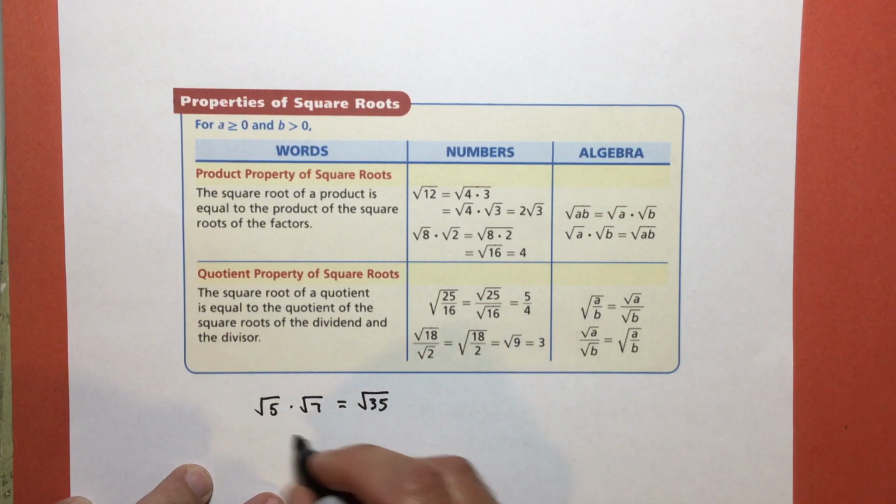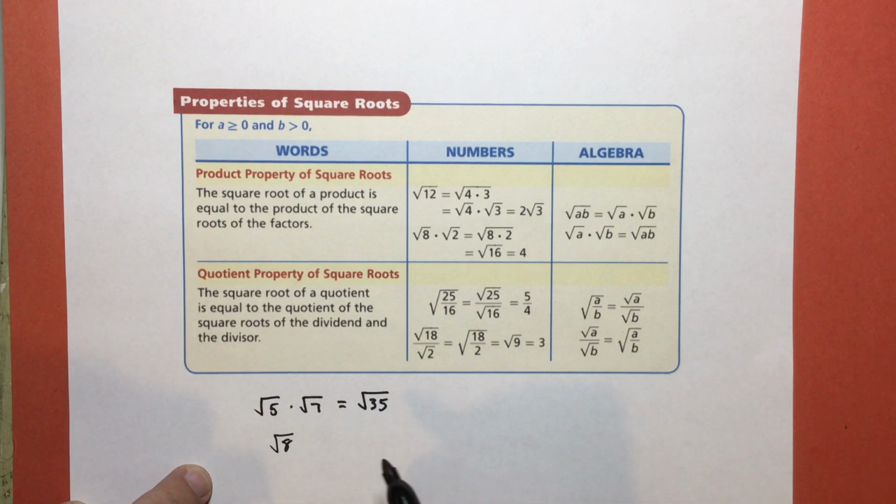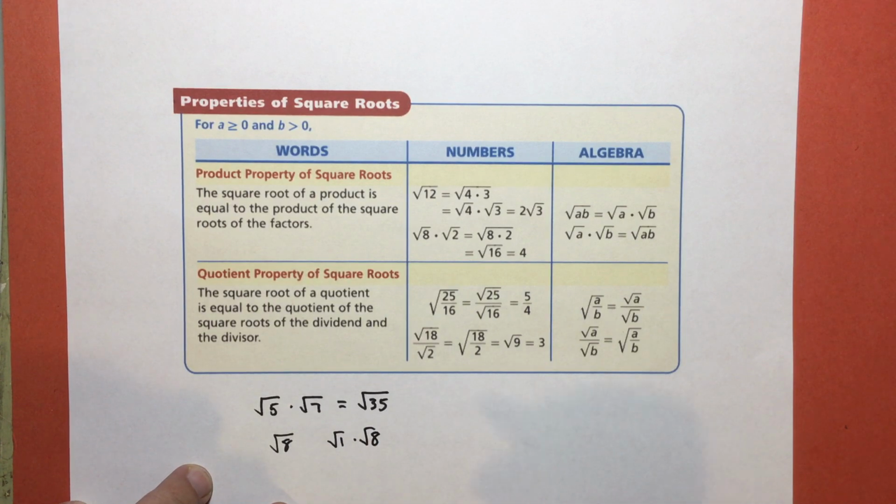So if I went backwards, and I said, well, what's the square root of 8? Well, there's lots of things I can factor to equal 8. Is 1 times 8? That doesn't help. I can say square root of 1 times square root of 8. That's still 1 times the square root of 8. So I'm back at the square root of 8. I also have the square root of 4 times the square root of 2.